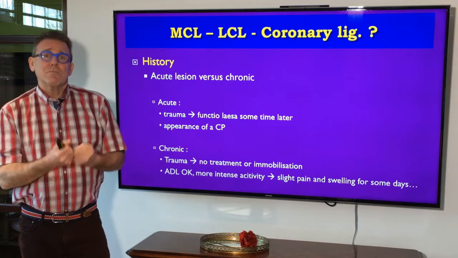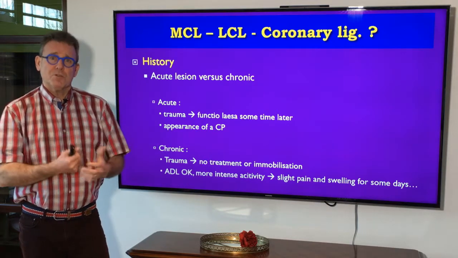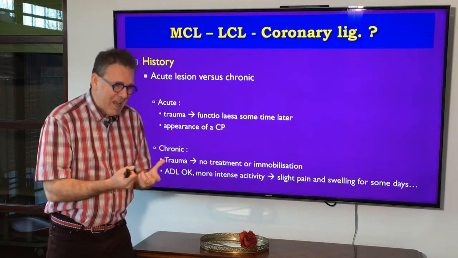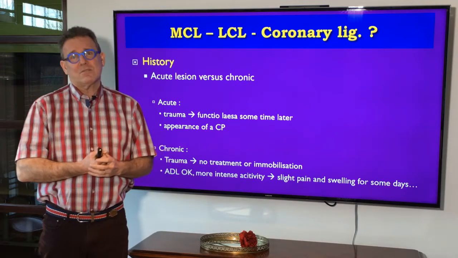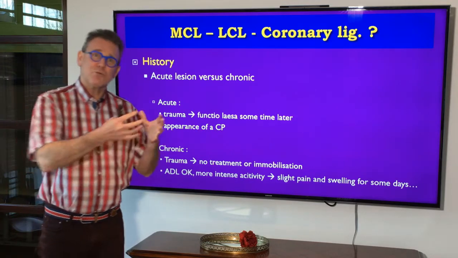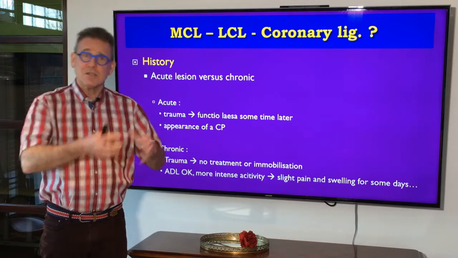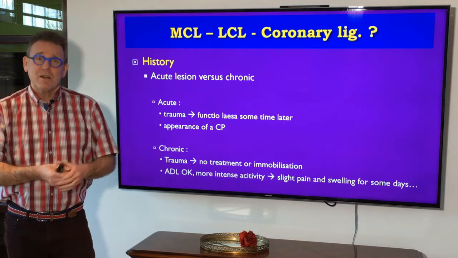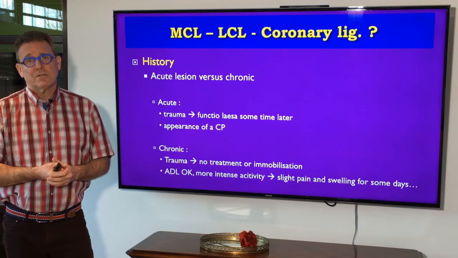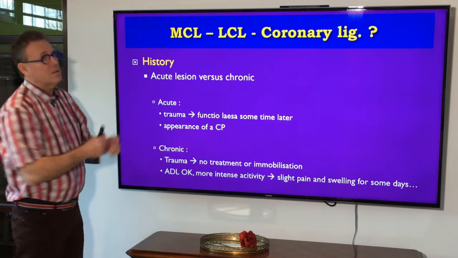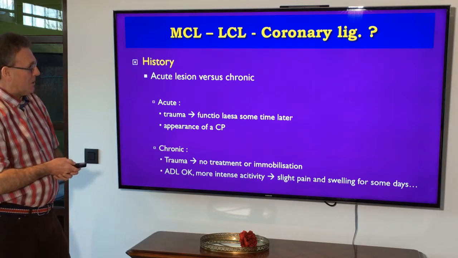But every time the patient performs some extra sports activity, he still has a little bit of pain, a little bit of swelling, and then he has to rest again for a couple of days, and then it's better again. Activities of daily life, okay. More intensive activity, not okay. So that's the main difference in history.